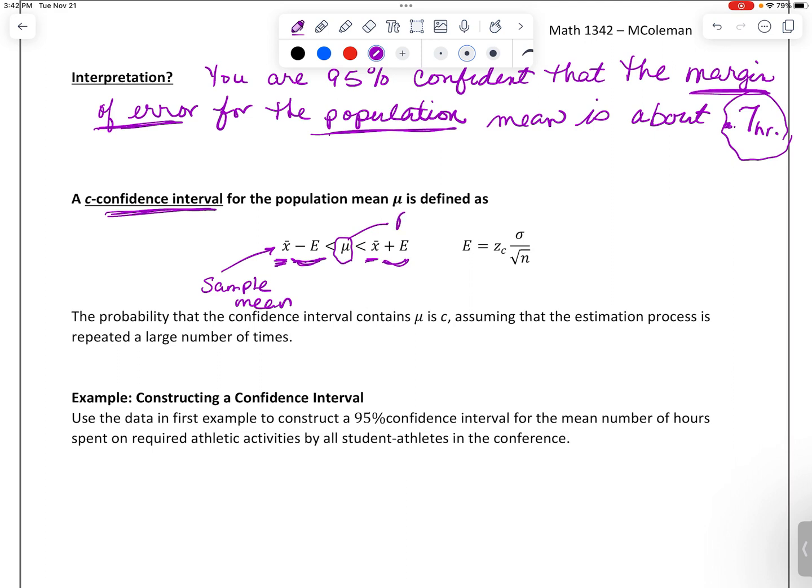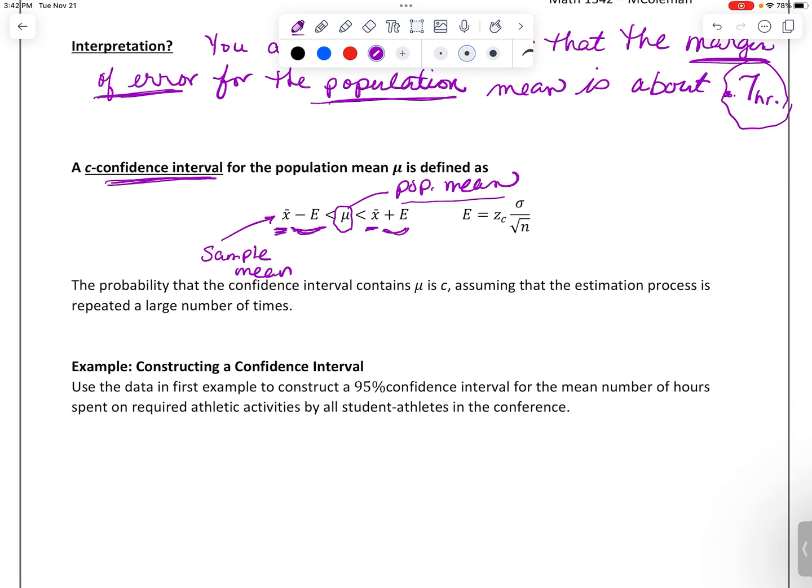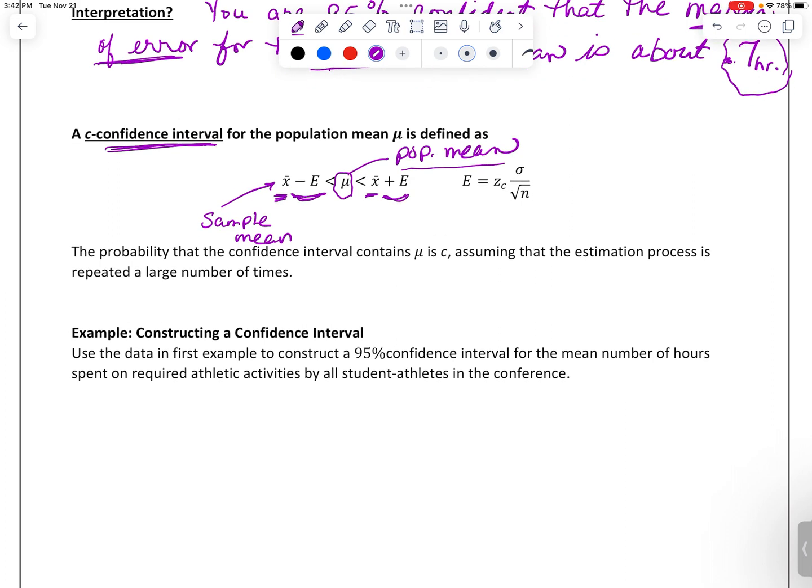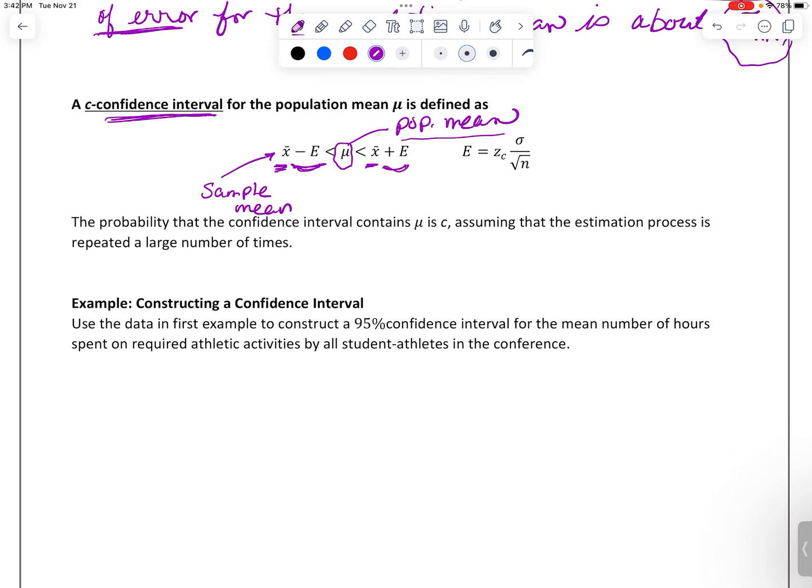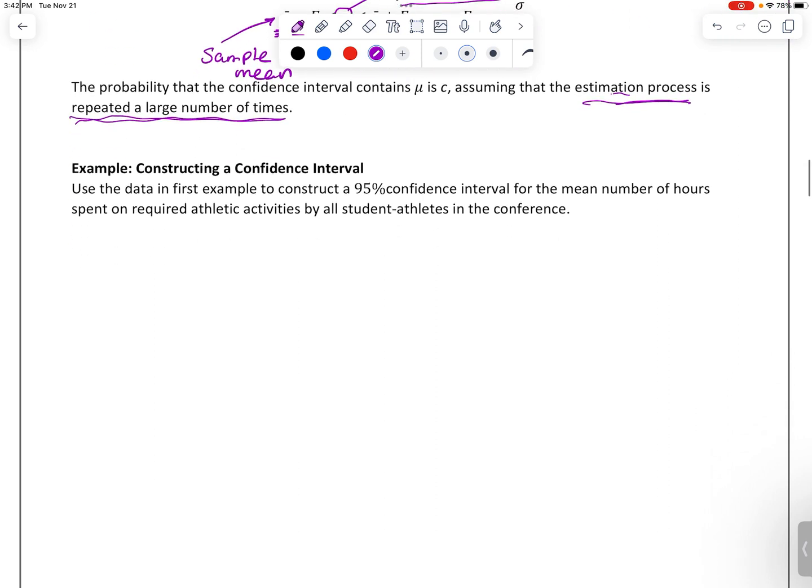The mu is your population mean. So we are trying to determine how close the sample mean is to the actual population mean. We're trying to build an interval that collapses those two things together. Okay? And of course, the more we do this with more samples, the process gets better and better. So as you repeat it a large number of times, your process gets better and better.